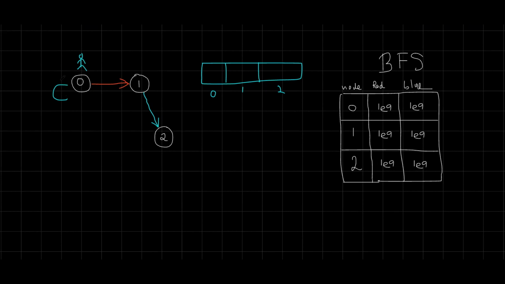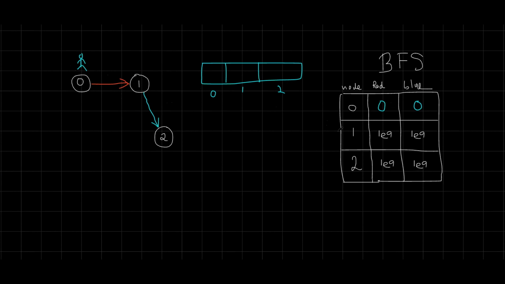It is by default 0. So we will initialize the distance of the red and blue edge as 0. Now from 0, we can go to the node 1. Now, what is the color here for the node 1? It is red. The edge is red.